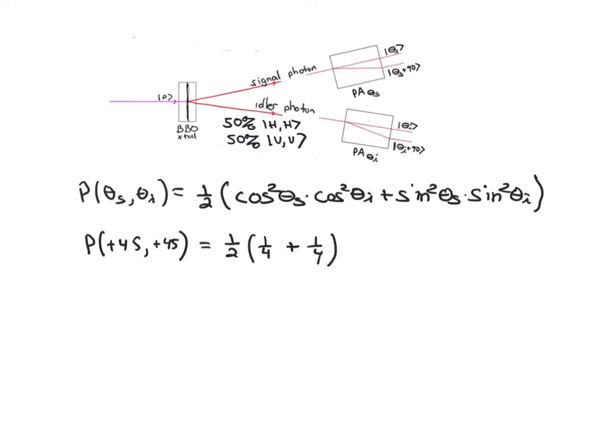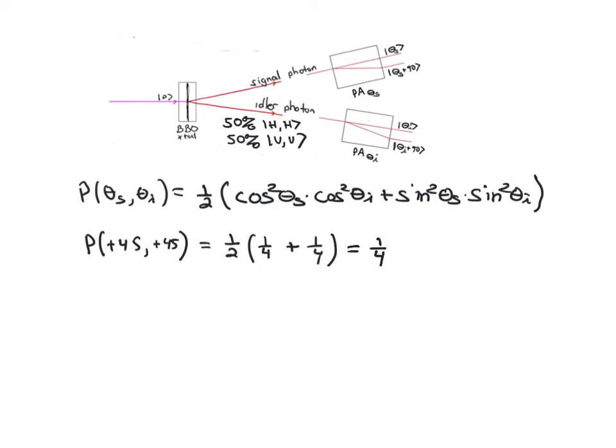So the cosine squared 45 times cosine squared of 45 ends up giving a factor of a fourth, and the same for sine squared of 45 times sine squared of 45. That's another 1/4, and I add 1/4 and 1/4, and I get 1/2, but I take a half of a half, and I get a fourth.